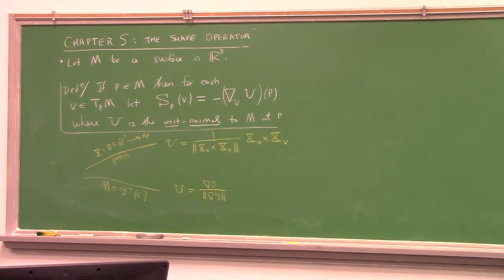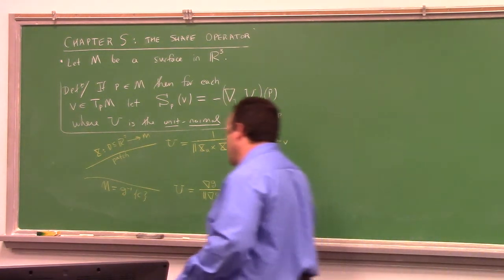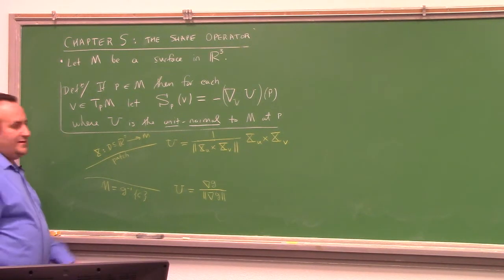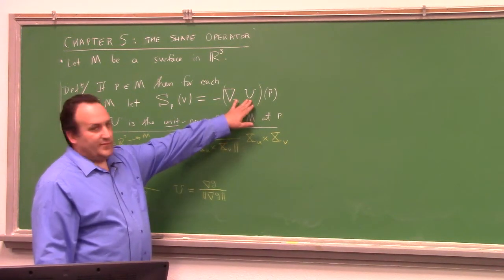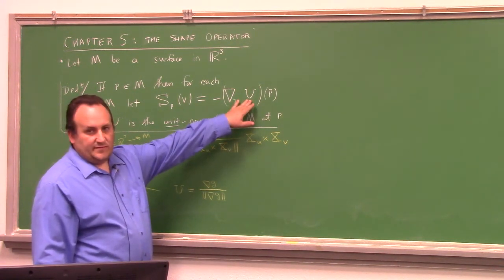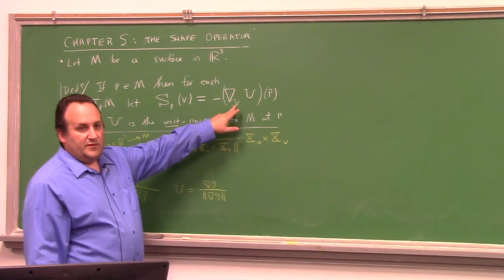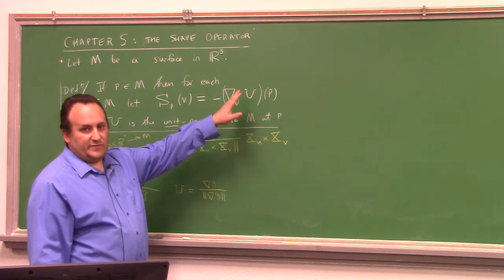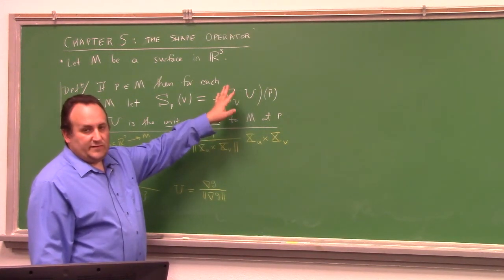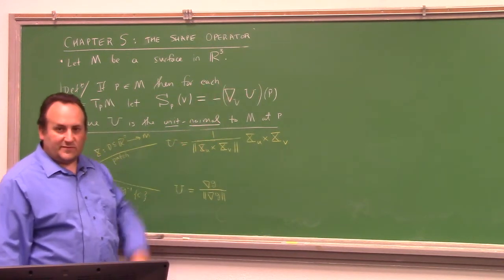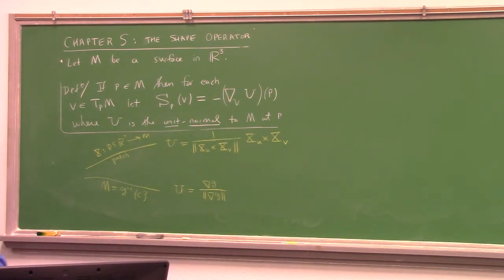So this should say how the unit normal is changing direction in the v direction, something like that. I mean, u is a unit normal, right? So it's always got length 1. So whatever this is, it's just describing something about the change in direction of the unit normal on the surface, right? That's what this thing is doing.